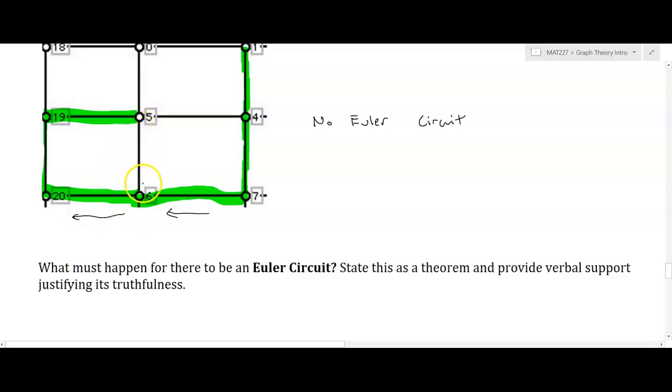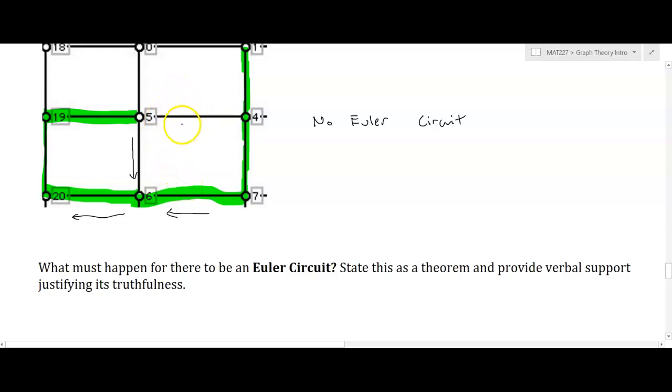But we have another edge coming into 6, and because we need to collect the garbage on that street, that means I'm going to have to come into 6. But if 6 was not my place of origin, then I would need to leave 6 again, and there's no other way to do that other than to traverse one of the edges that I've already traversed. And therefore, that leads us to the idea that there would be no Euler circuit.